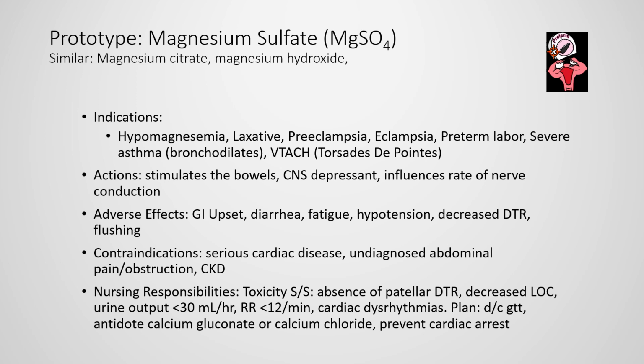So if we saw these things happening, reduction in reflexes, decreased level of consciousness, decreased respiratory rate, we'd stop the IV drip and we'd give IV calcium, either as calcium gluconate or calcium chloride, that protects the heart from the magnesium.